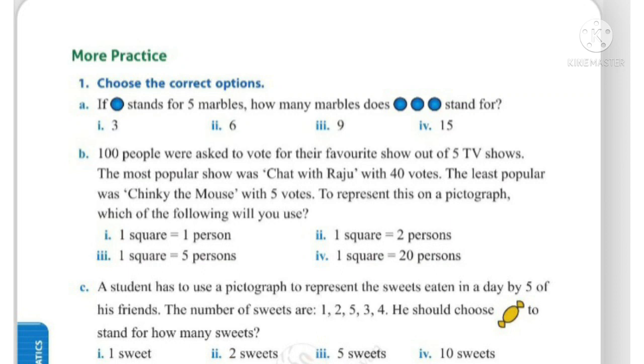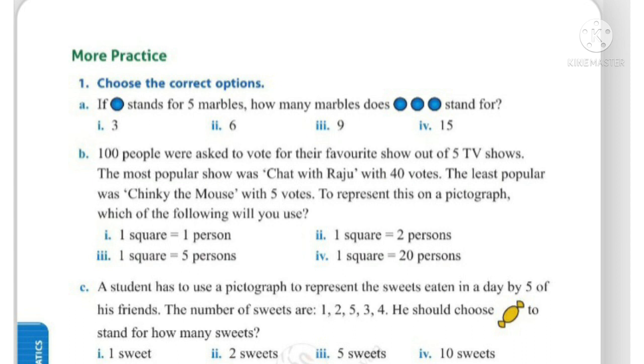Yes. So children, now let's do some of the exercise questions given at the end of this chapter. Okay. So shall we do? Yes. Children, that's on page number 78 under the topic more practice. Choose the correct options.